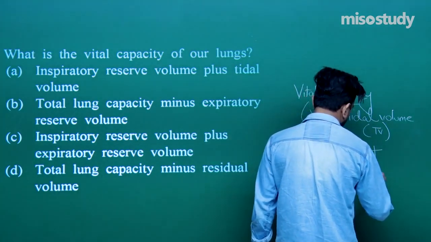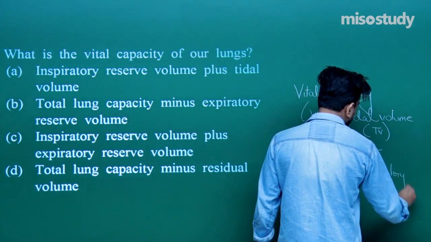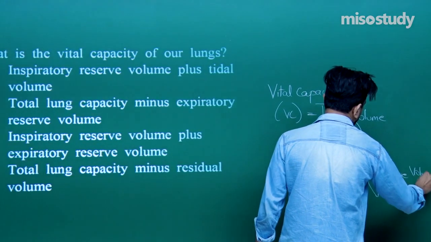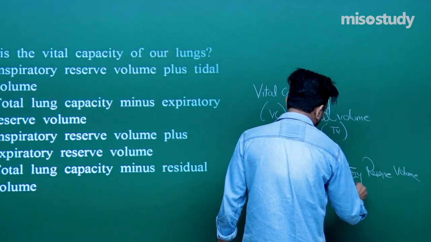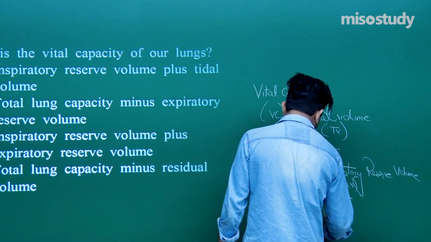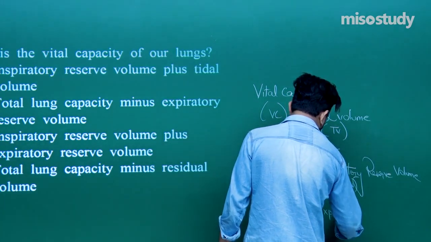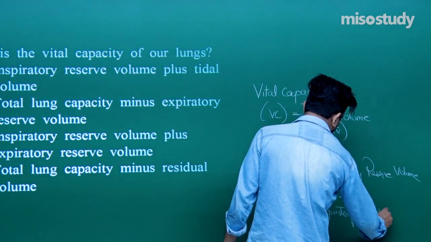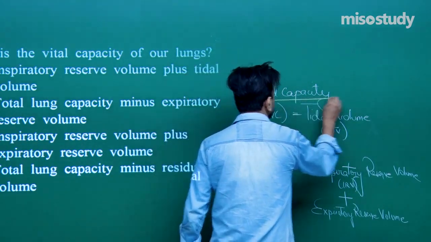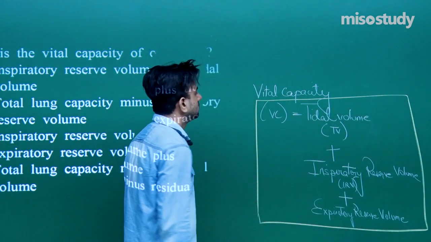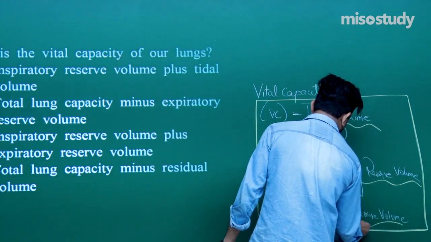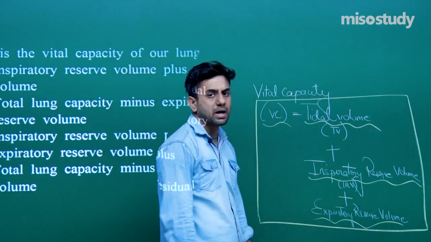plus the expiratory reserve volume ERV. The tidal volume, the inspiratory reserve volume and the expiratory reserve volume are what the vital capacity is composed of.